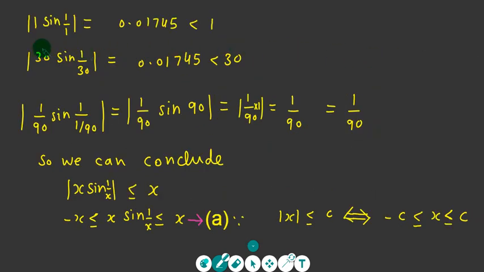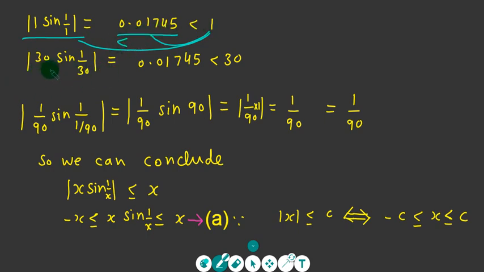Now see, we put 1, we get the answer 0.01745, less than 1. So we can say that this value and x have a less-than relation.